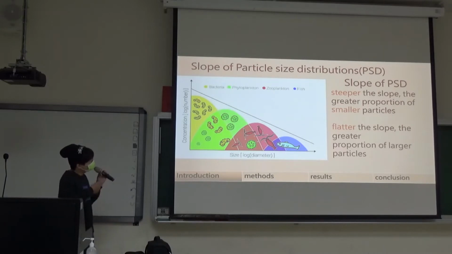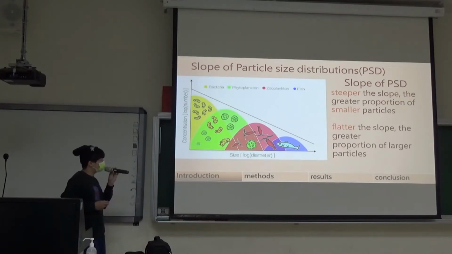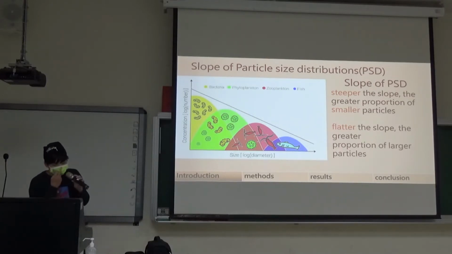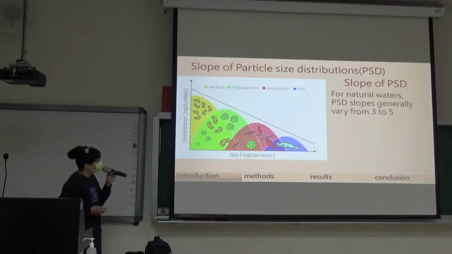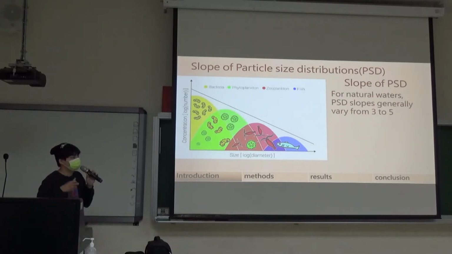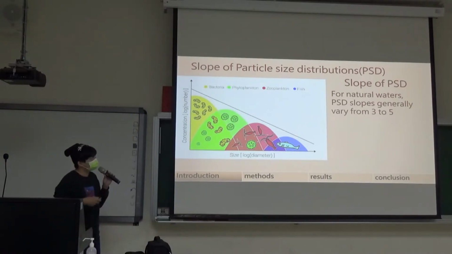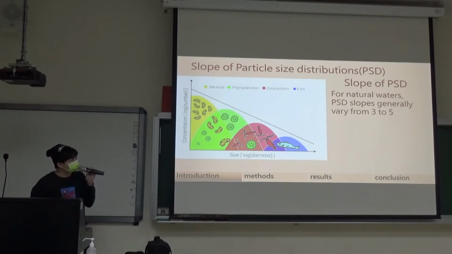The steeper the slope, the greater the proportion of small particles, because small particles have higher concentrations. The flatter the slope, the greater the proportion of large particles. So the slope of the PSD describes the particle size distribution in the environment, and for natural waters, the PSD slope generally varies from 3 to 5.